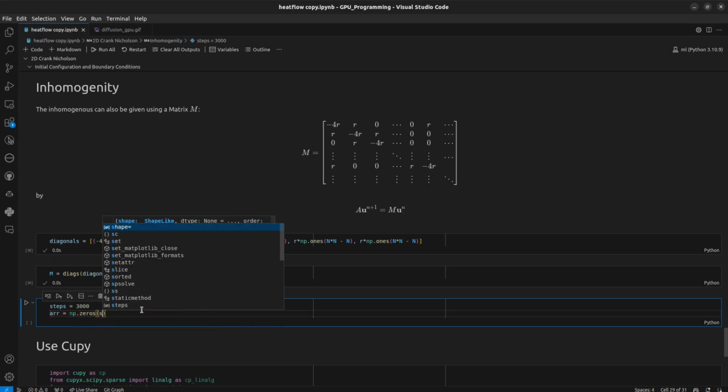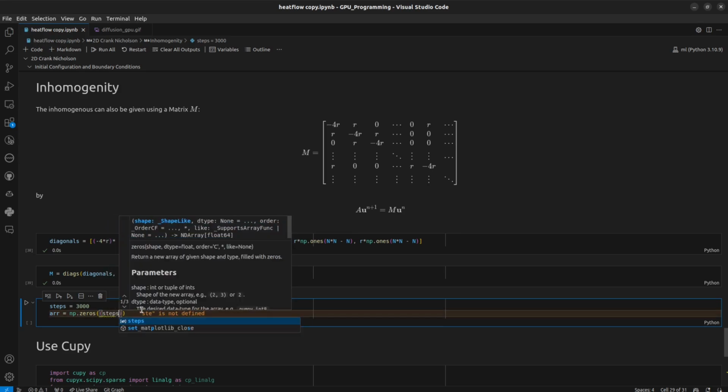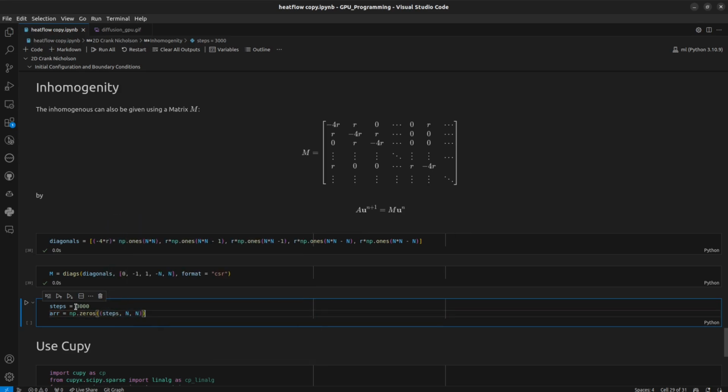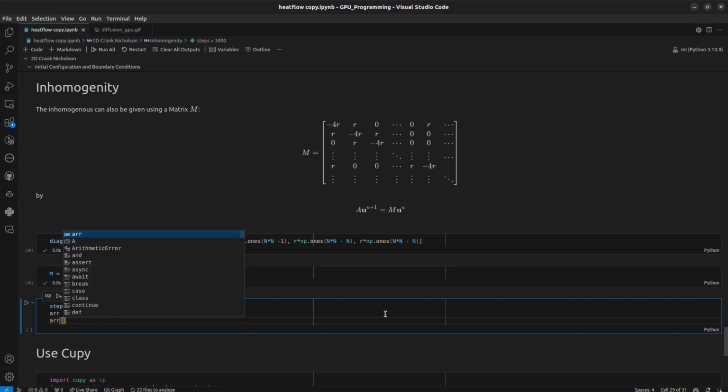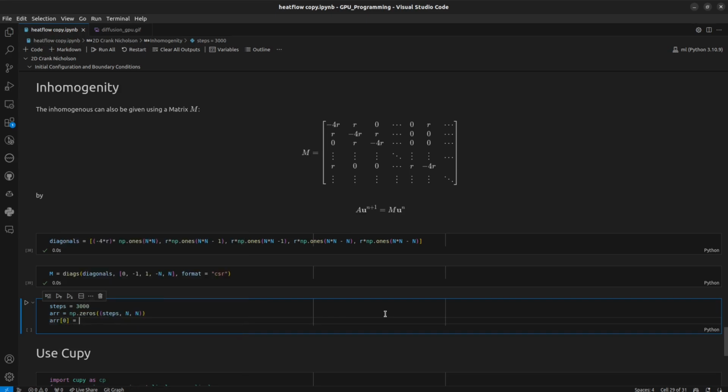So again, we need our storage. We have n steps, and for each step we want to store an n times n grid. So we write our storage, then we save our initial condition. Remember, since we flattened it earlier, we have to reshape it here.